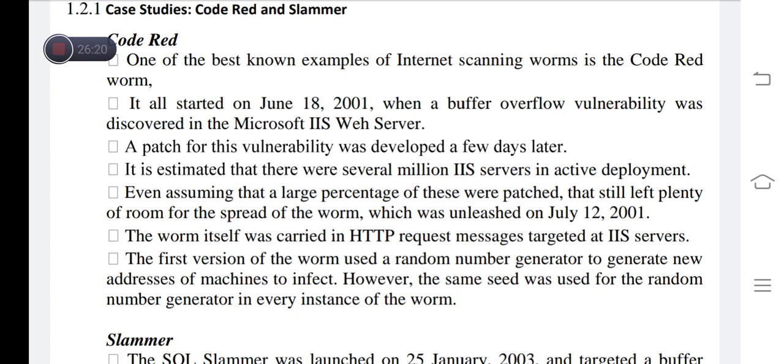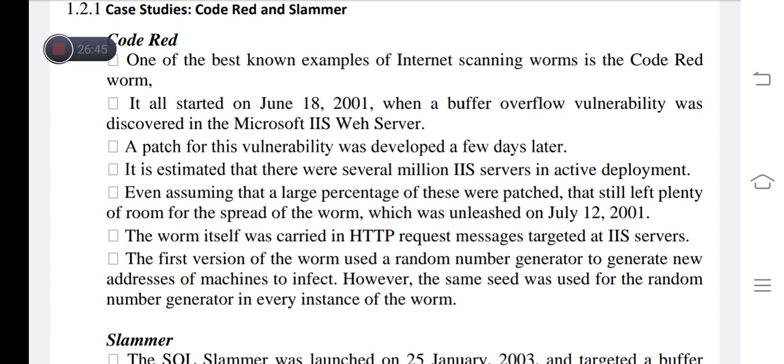With Code Red, it was estimated that there were several million IIS servers in active deployment. Even assuming that a large percentage of these were patched, that still left plenty of room for the spread of the worm, which was unleashed on July 12th.